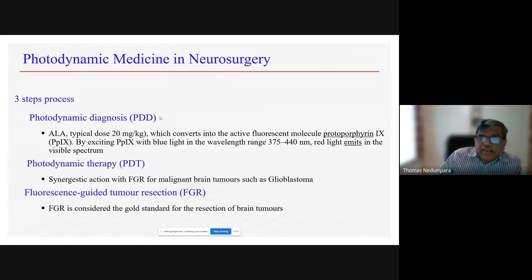So first, the active lesion is visualized after giving a photosensitizing agent. This photosensitizing agent also destroys the brain tumor by the singlet oxygen, but the destruction is not complete. Therefore, use a fluorescence. So you can already see the tumor with the fluorescence light, and then you can remove the tumor using standard technique.